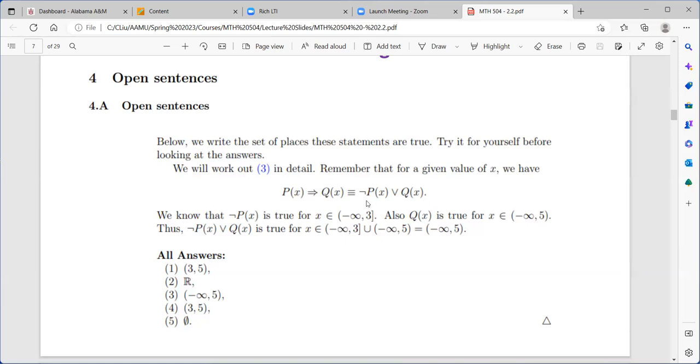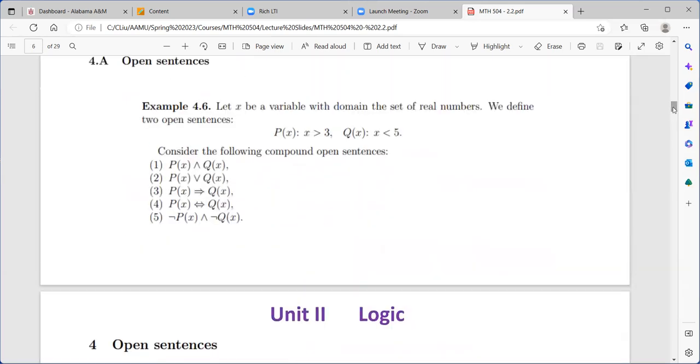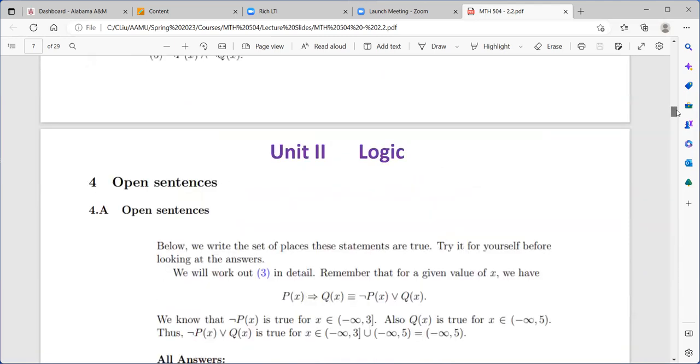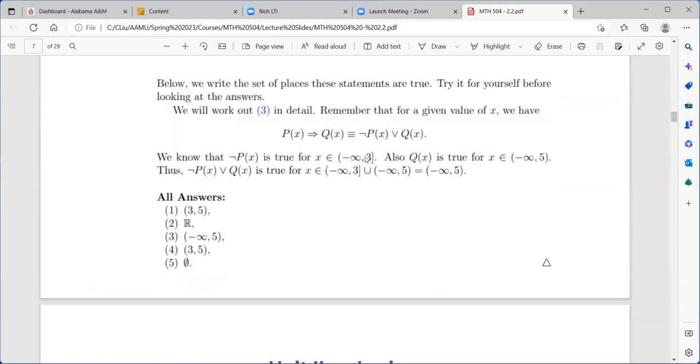So we got the negation of P of x, disjunction with Q of x, and that is easy to work with. Remember P of x is x greater than 3. Okay, so negation of it means x not greater than 3. So that means x is less than or equal to 3, or from negative infinity to 3, including 3 itself.